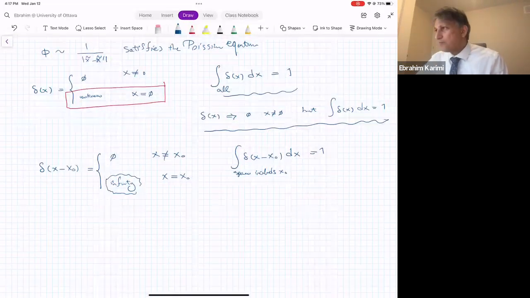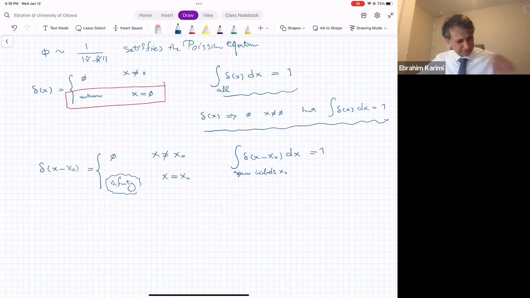If I remember well, this Gaussian function was given by something like this.